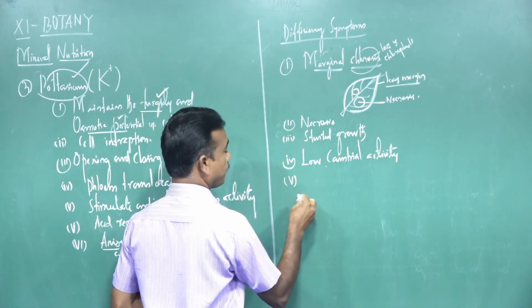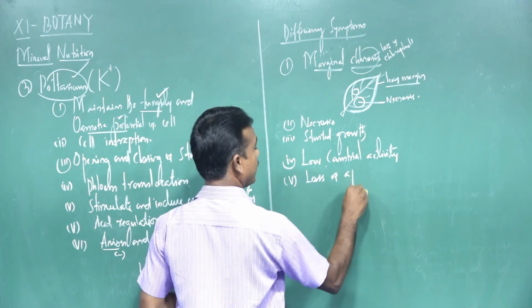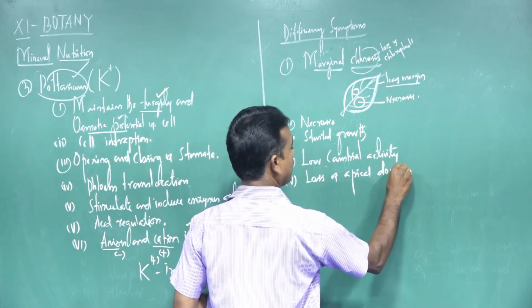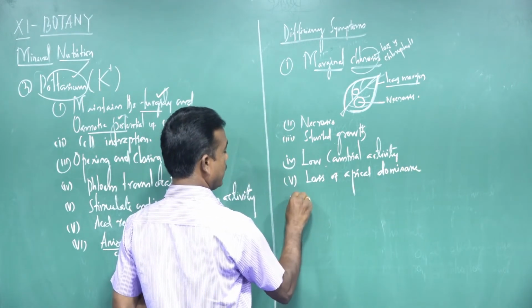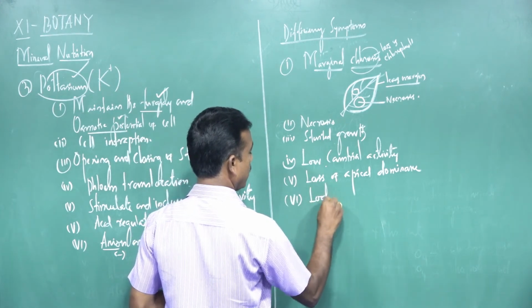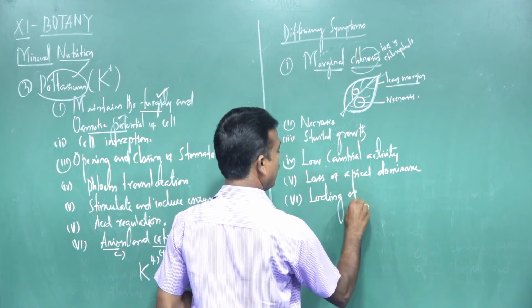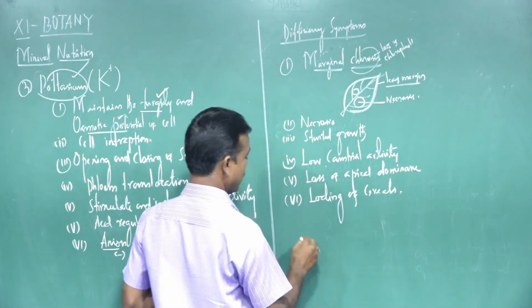Fifth, loss of apical dominance. Sixth, lodging of cells.